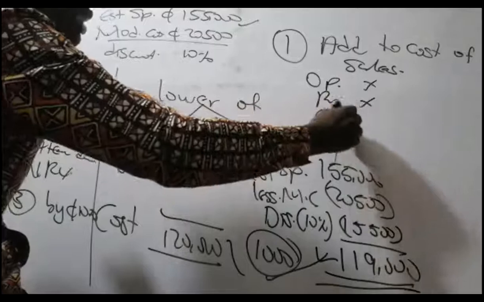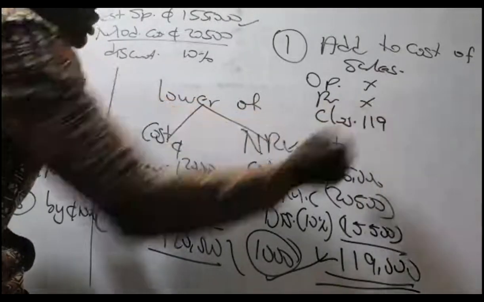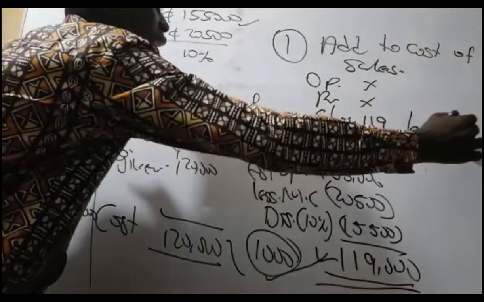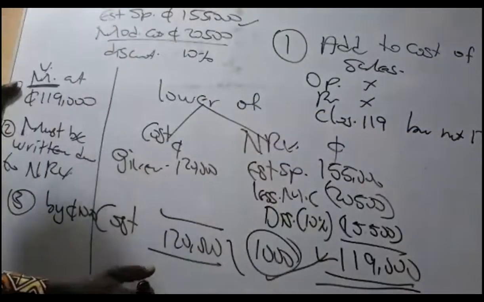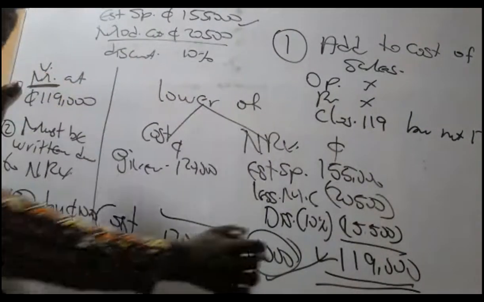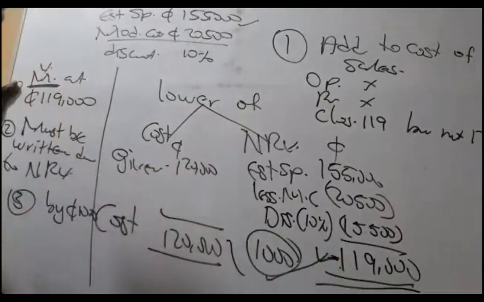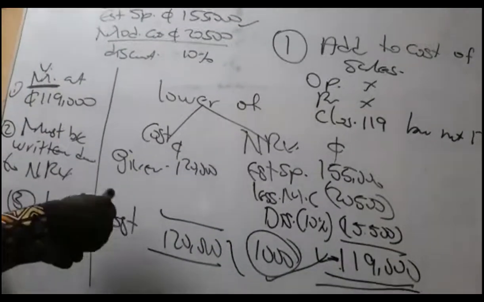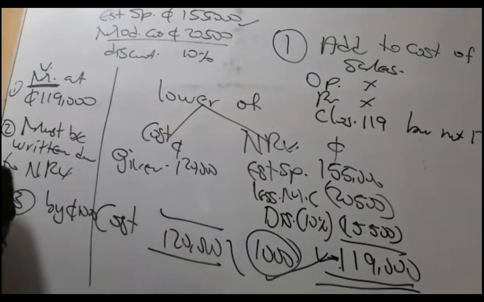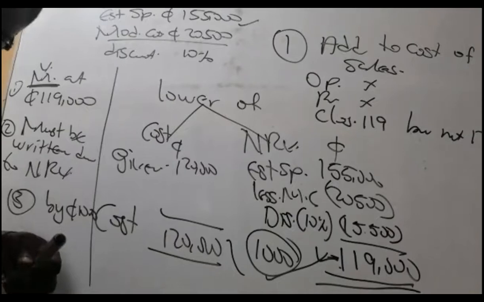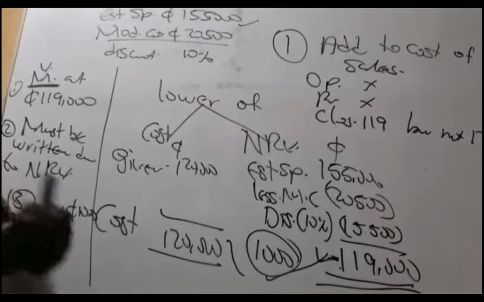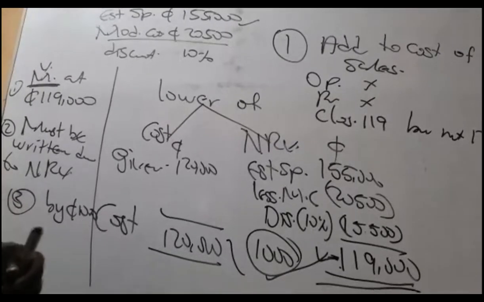Now, for the closing inventory, you have to pick 119, but not the 120. So if you are going to calculate the cost of sales yourself, then include this right figure. Most of the exam questions, they've already calculated the cost of sales wrongly. So take note of that.